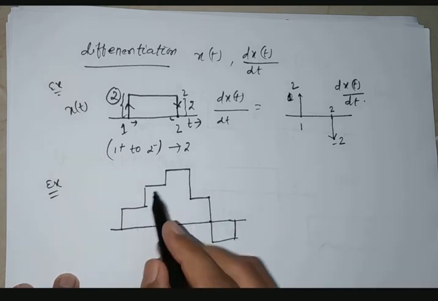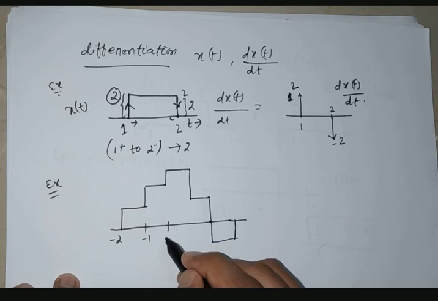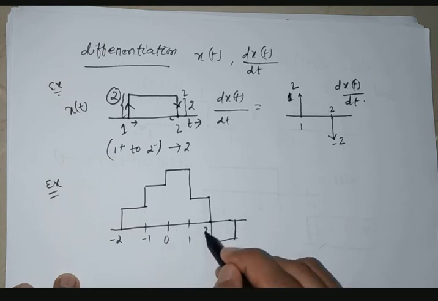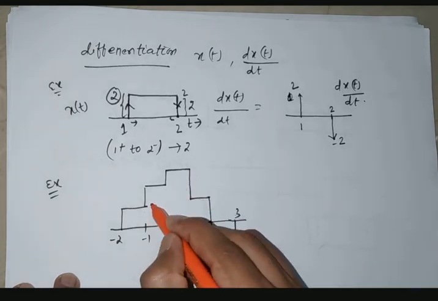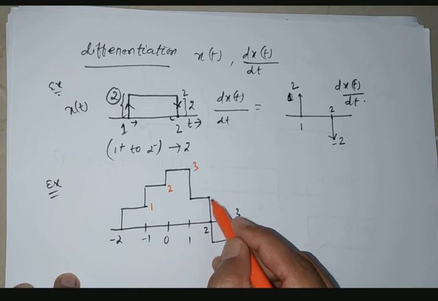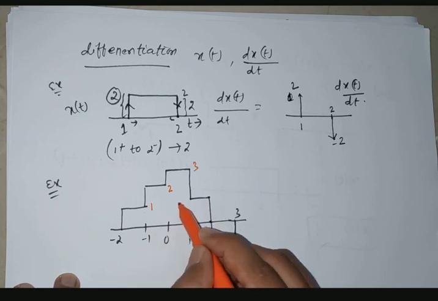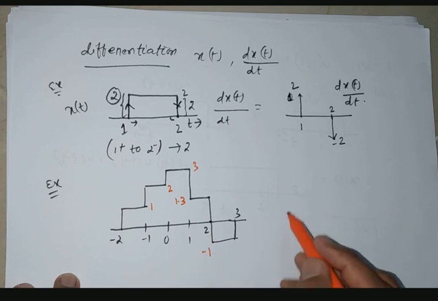Okay, now this is, let's say, minus 2, minus 1, 0, 1, 2, 3, and the amplitude values are 1, 2, 3, and let this be 1.3, and let this be minus 1.